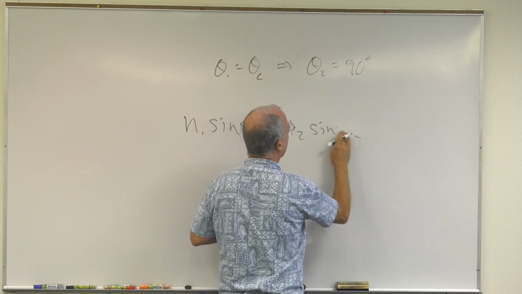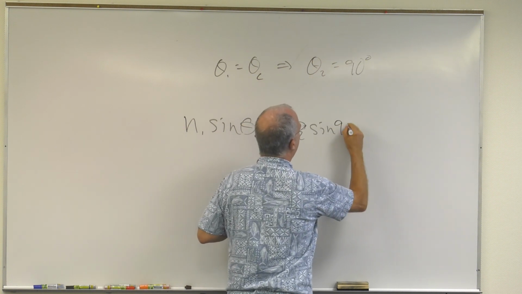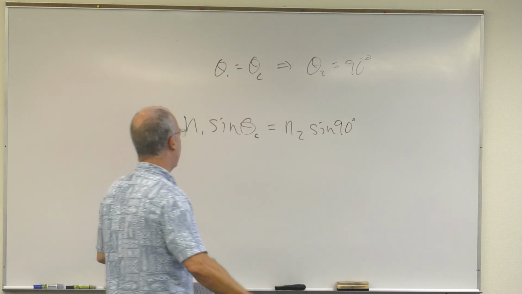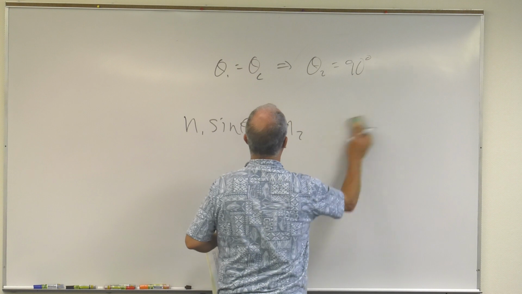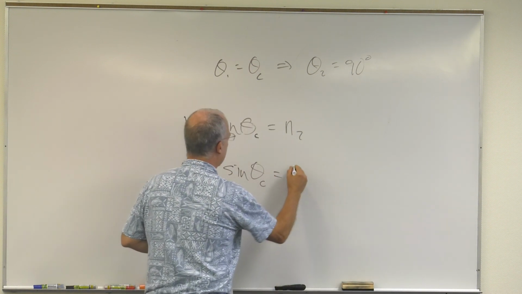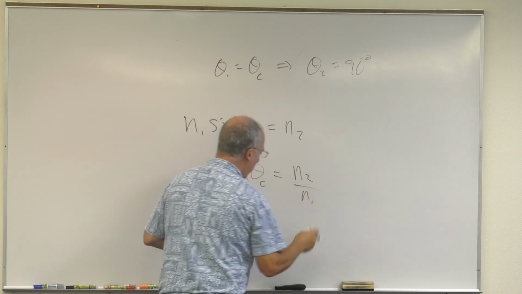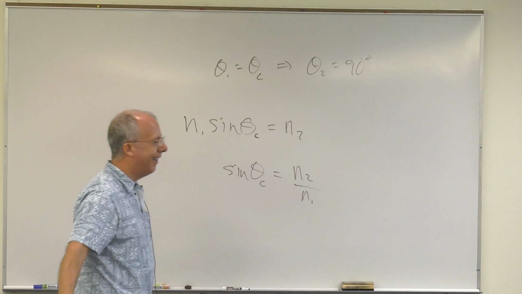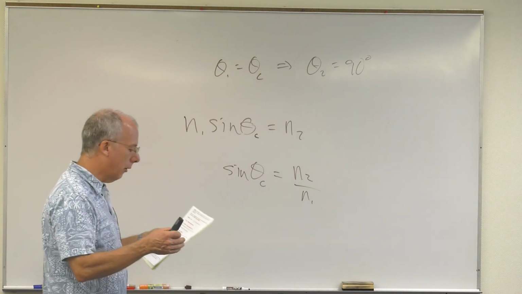So put in a 90 here. Now, what's the sine of 90? It's 1. That's nice. So therefore, sine theta critical equals n2 over n1. There you go. That's really all there is to it. Okay?